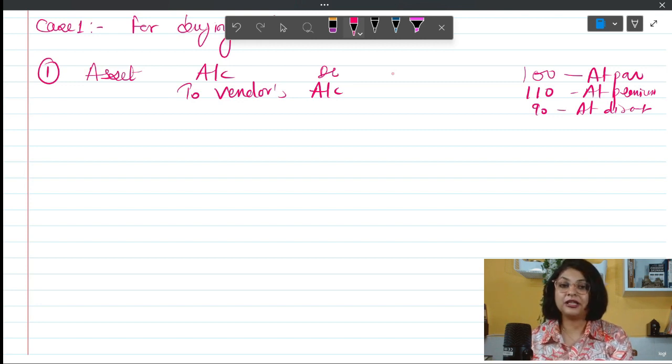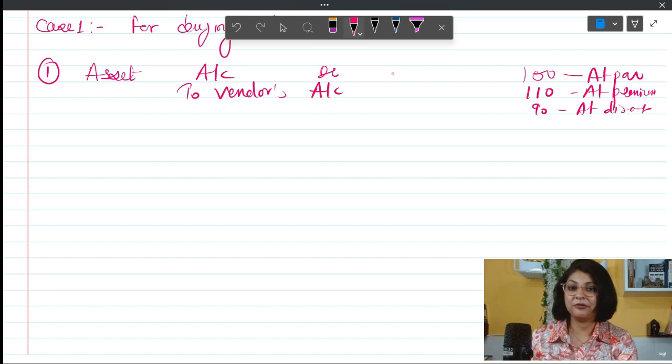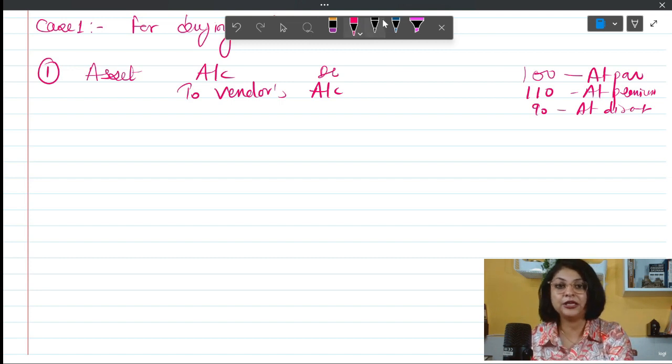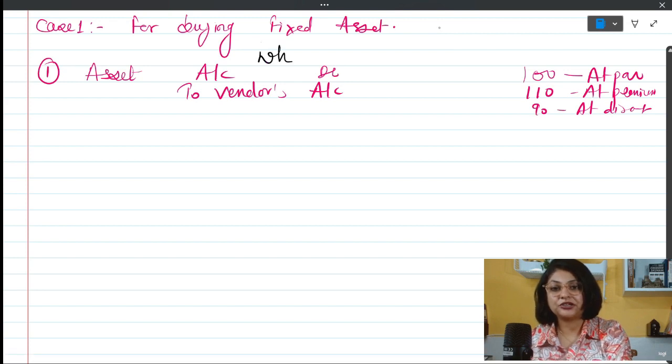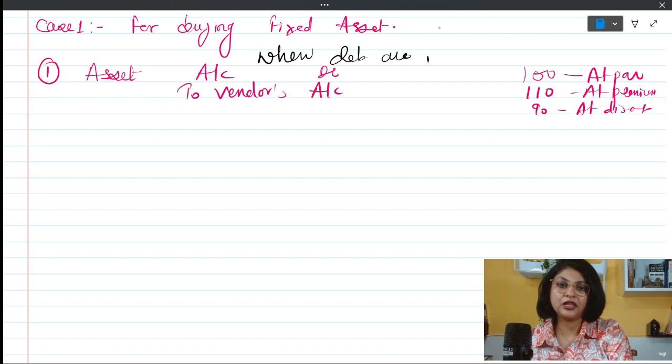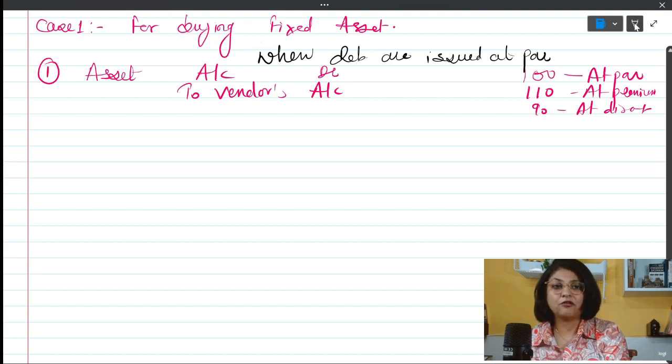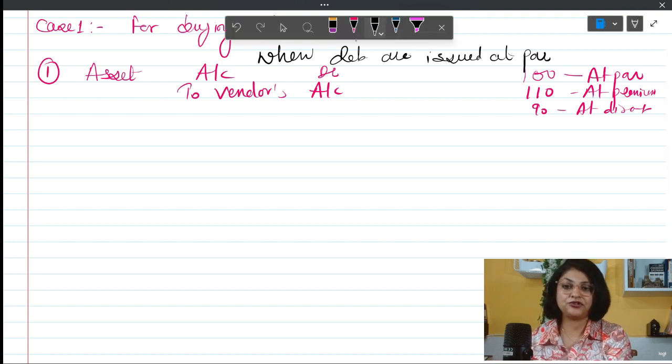So the number 1 entry, you all have to pass the same entry in all 3 cases. I am writing down here case number 1, when debentures are issued at par. Now what will be the entry passed? The first entry we have already done.